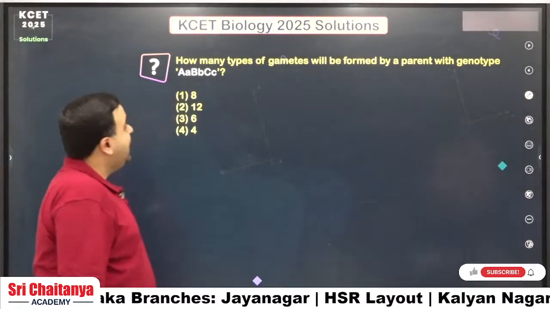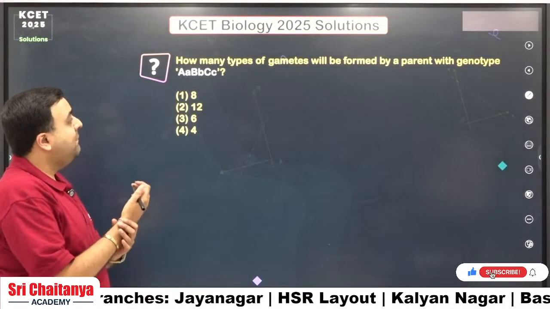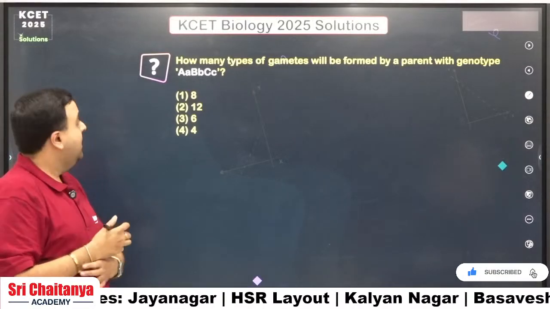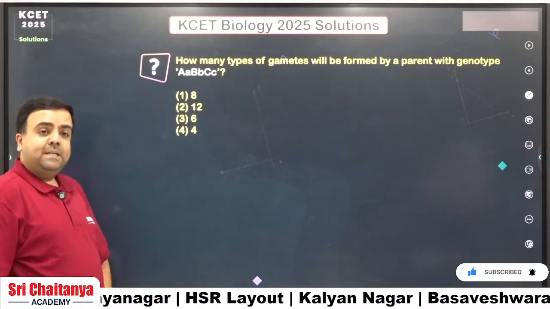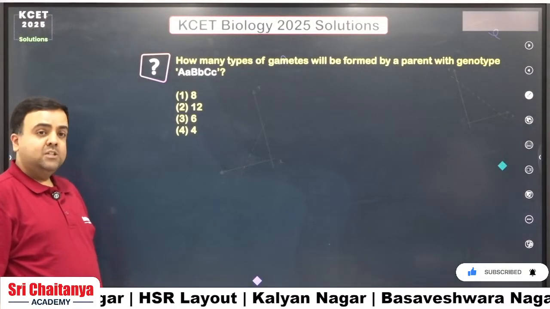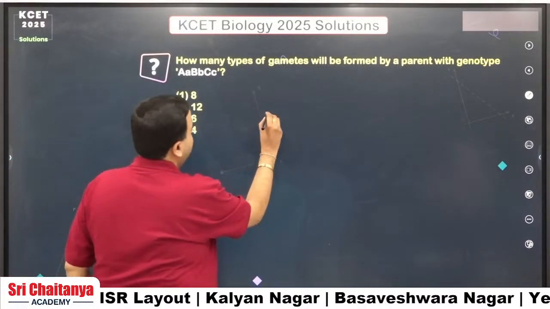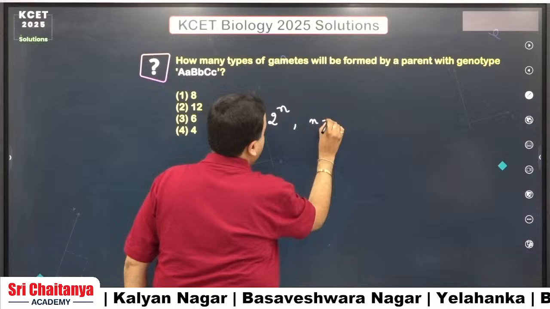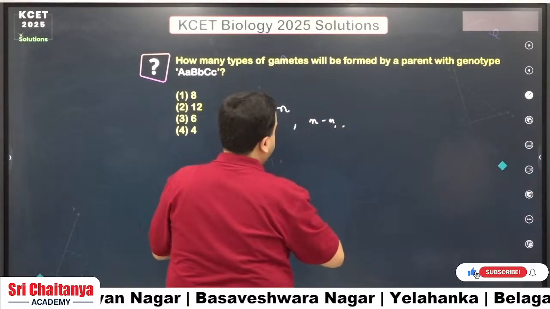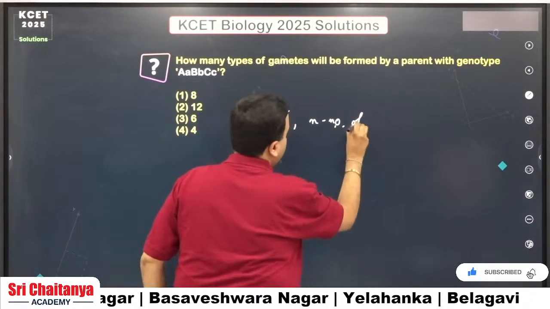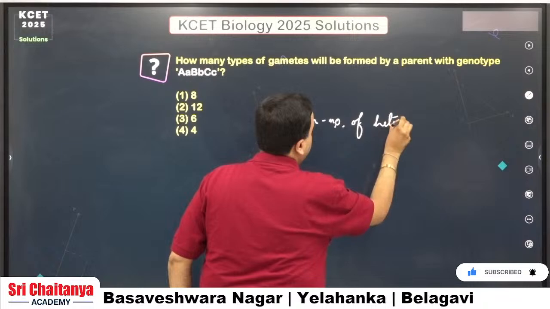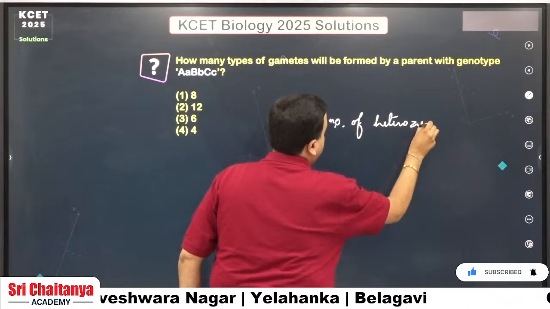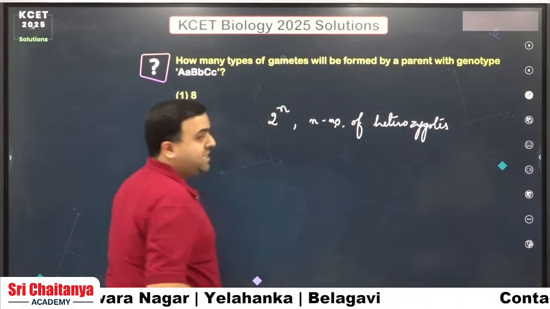Next, how many types of gametes will be formed by a parent with genotype capital A small a, capital B small b, capital C small c? Now to this we have a formula, that is 2 to the power n, where n is the number of heterozygotes.